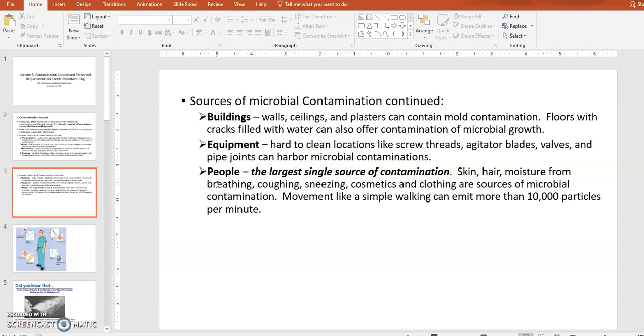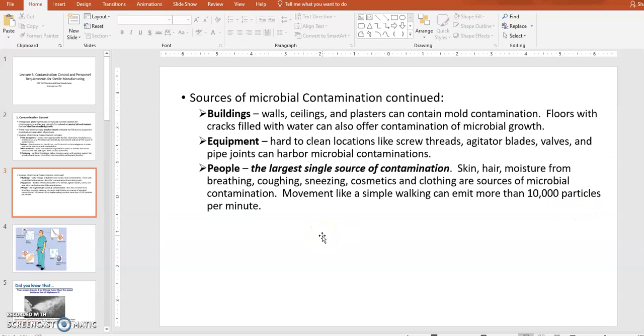Of course, the largest contamination source is the people. People who walk there: skin, hair, moisture from breathing, coughing, sneezing, cosmetics, anything from the clothing material. They may have lots of bacterial cells. If you're walking, you are shedding a lot of particles, maybe 10,000 particles per minute.